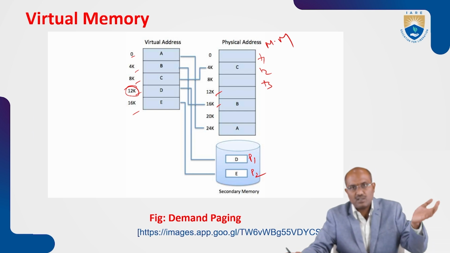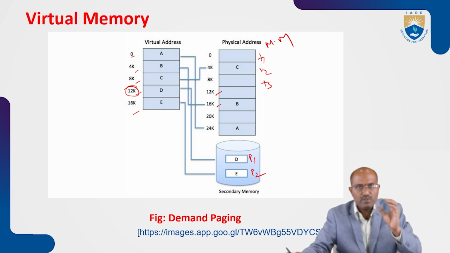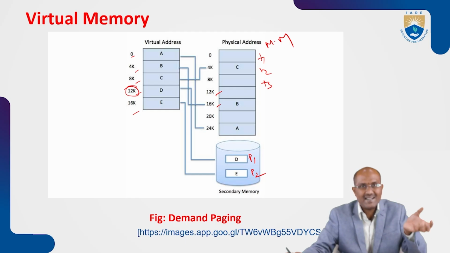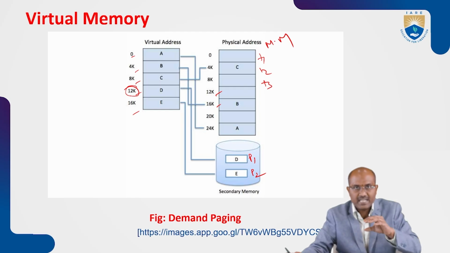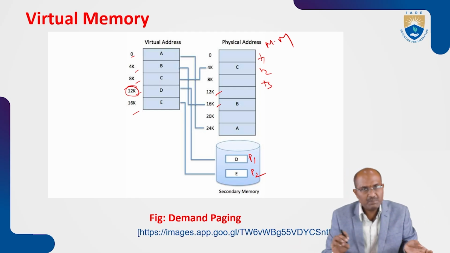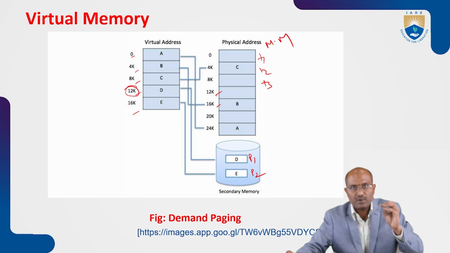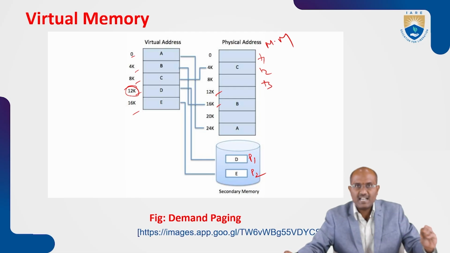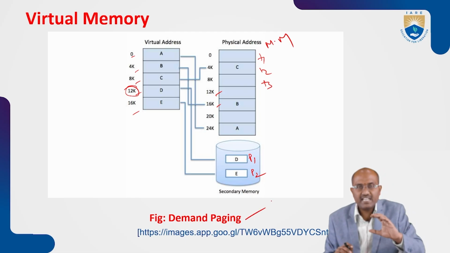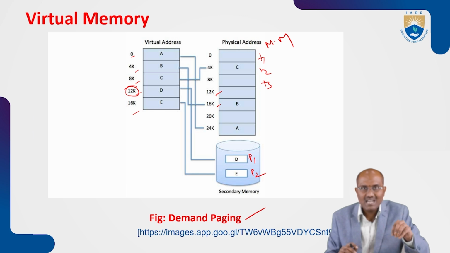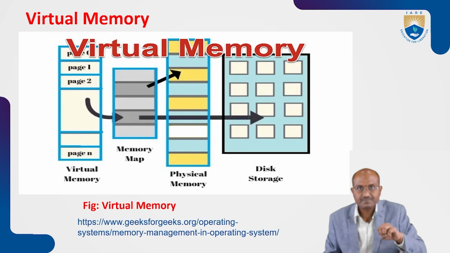This is how the pages are transferred through the address: the virtual address points to the physical address. The corresponding frame can be transferred from the secondary memory to physical memory as per this procedure. So this is completely the demand paging technique, performed through internal addresses, virtual address and physical address.